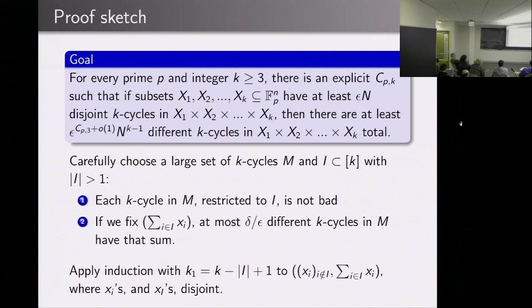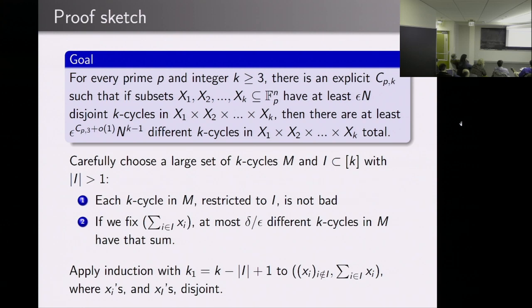And then what this allows us to do is apply induction, where we just add up the coordinates in I and make that a single new coordinate. So we end up replacing k with k1, and then we can take a large set of k-tuples, epsilon times n k-tuples, where the coordinates not in I are disjoint, and the coordinates in I are not necessarily disjoint, but the set of sums is disjoint.